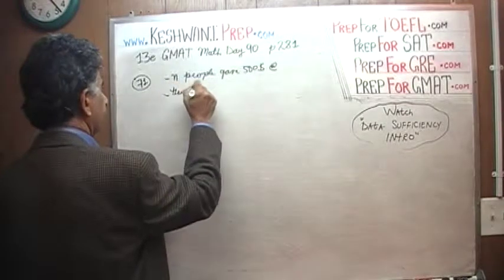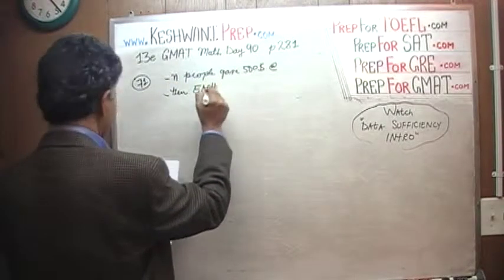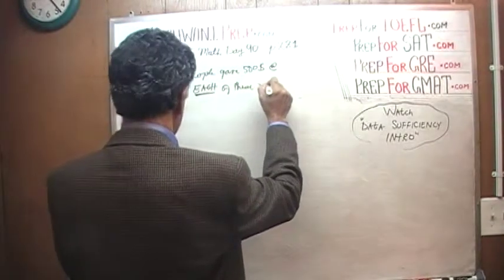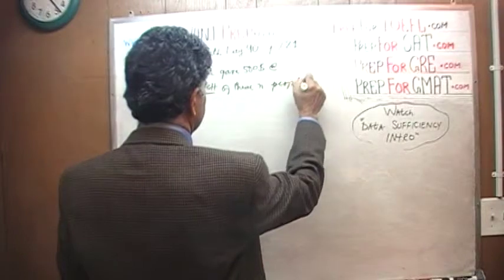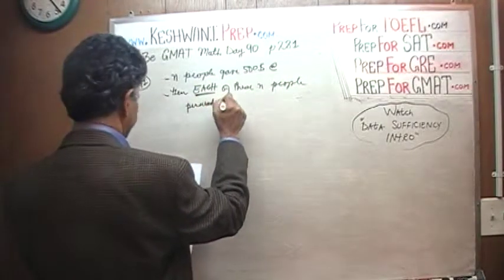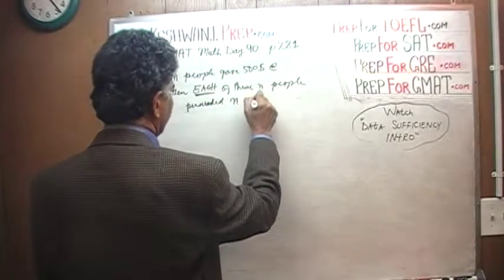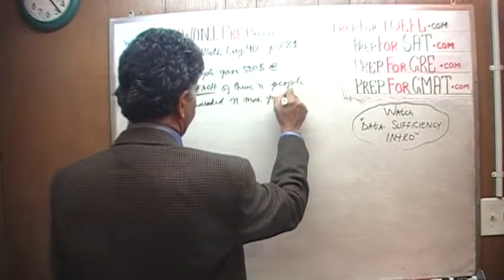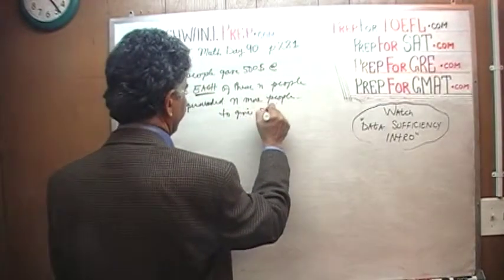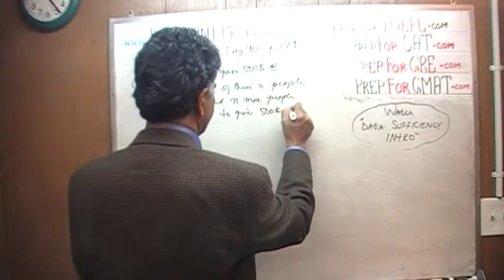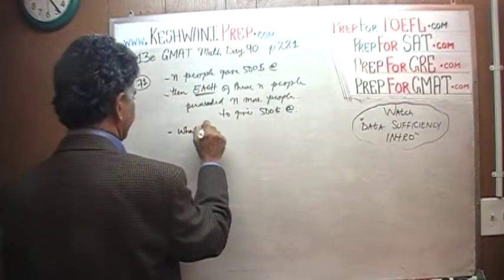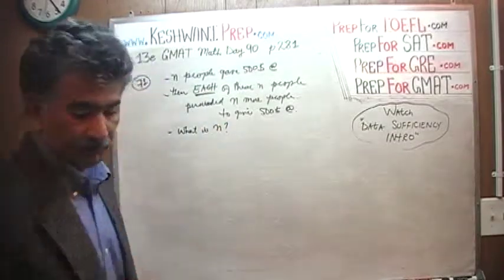Then each of these N people persuaded N more people to give $500 each. The question simply is, how much is N?